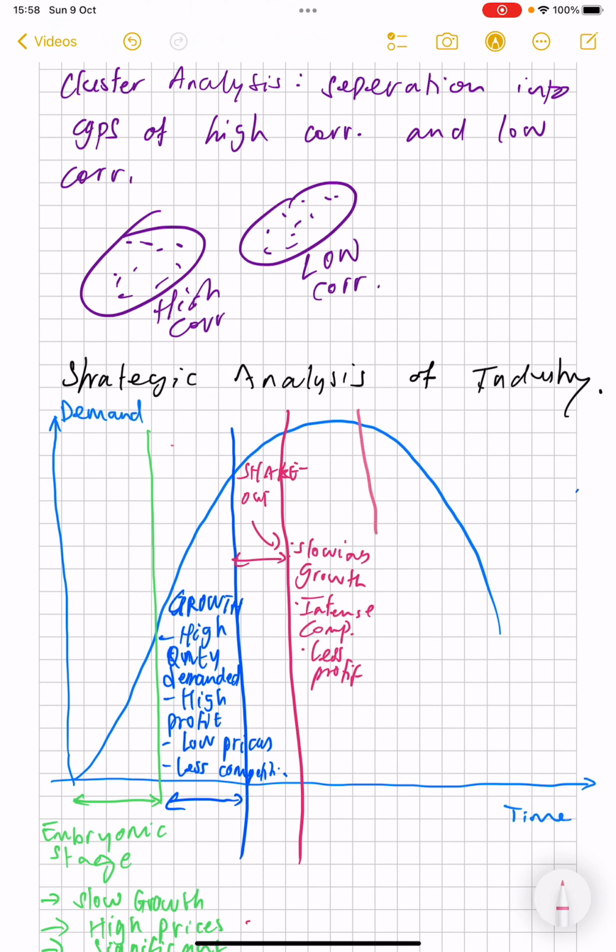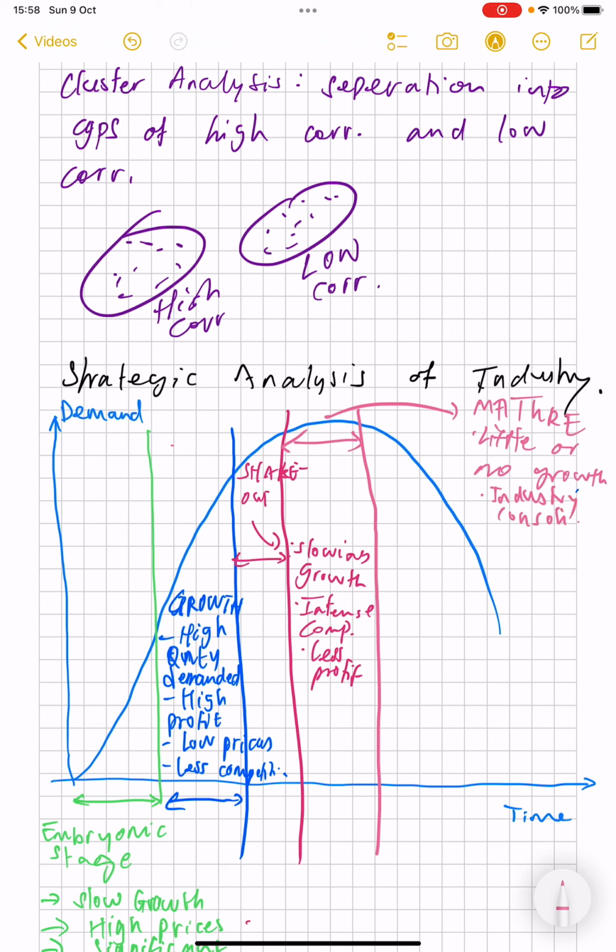From here to here, that's the mature phase. In the mature phase you have little or no growth. You have industry consolidation. I'll explain to you what this means in a few minutes. And you have high barriers to entry.